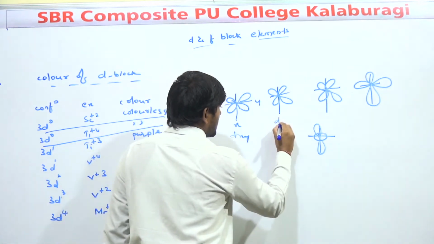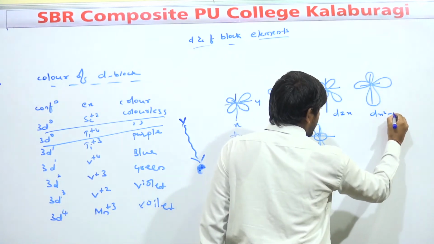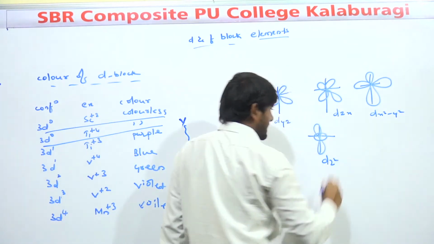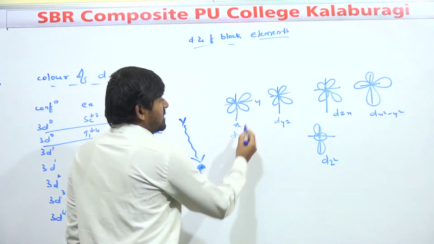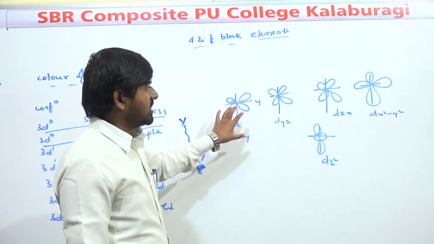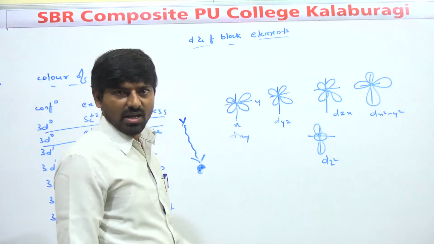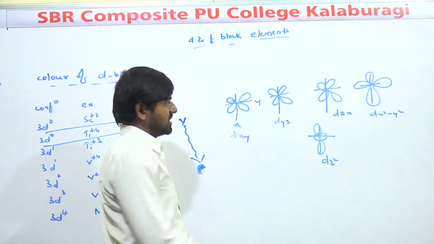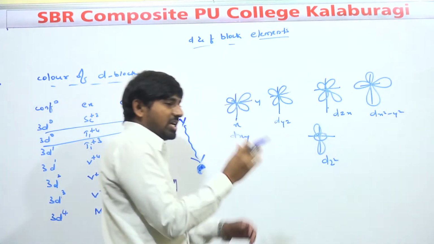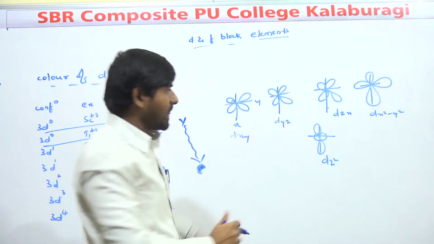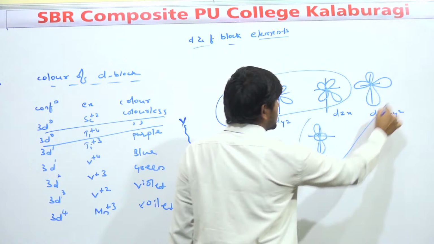Here I have 5 orbitals. You see, once you have these 5 orbitals, you will come across some similarity. You can make 2 groups among these. See here, for the first 3 orbitals, the lobes of the orbital are in between the axes. The lobes of these 3 orbitals are in between the axes, and the lobes of these 2 orbitals are on the axes.